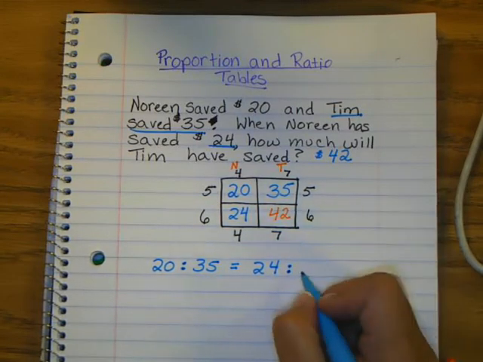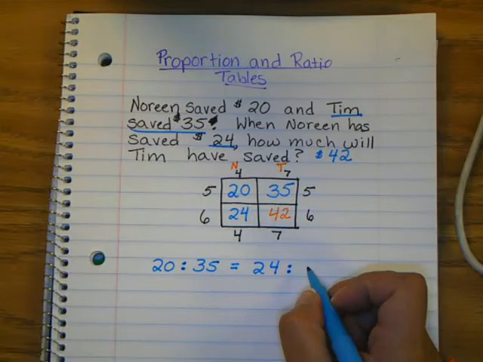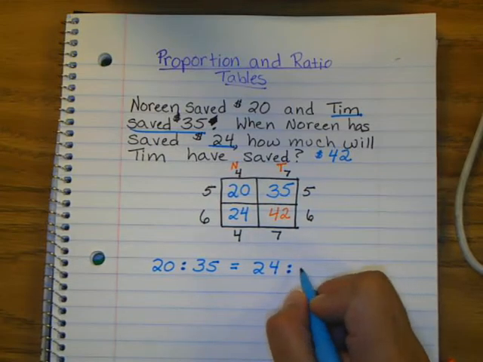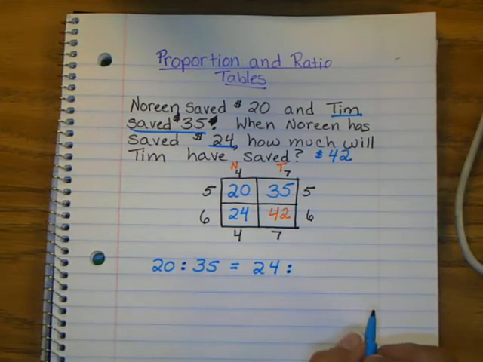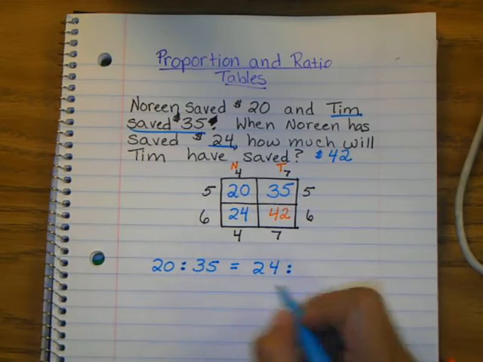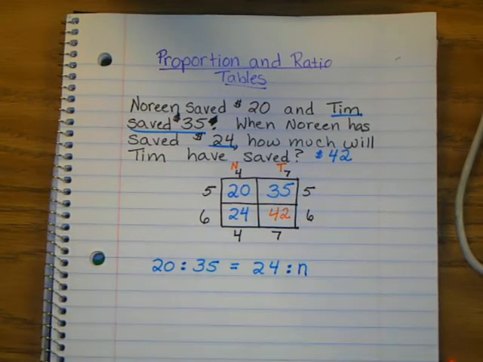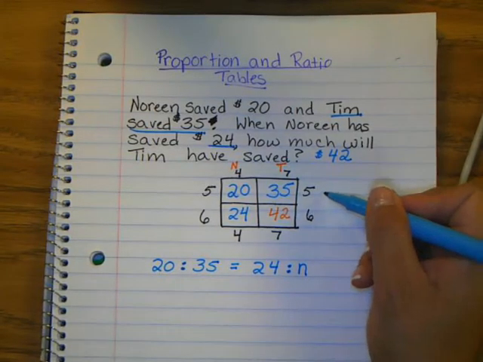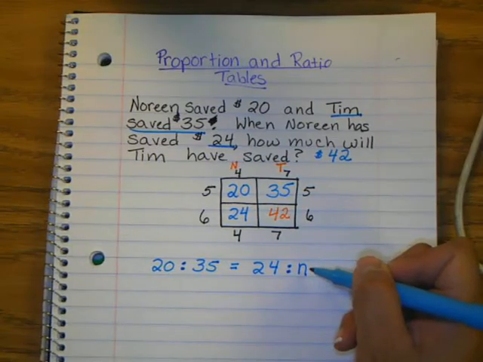How about T for Tim? Or should we just use N? I think the book wants us just to use N. Okay, let's use lowercase n. This is my equation. I use my factor puzzle to solve it.